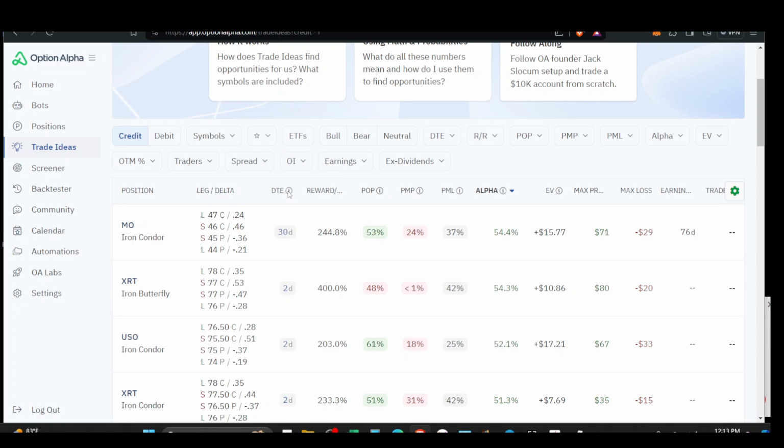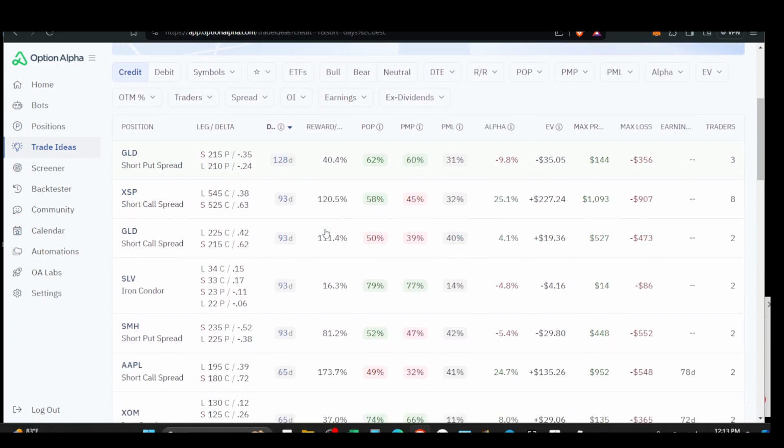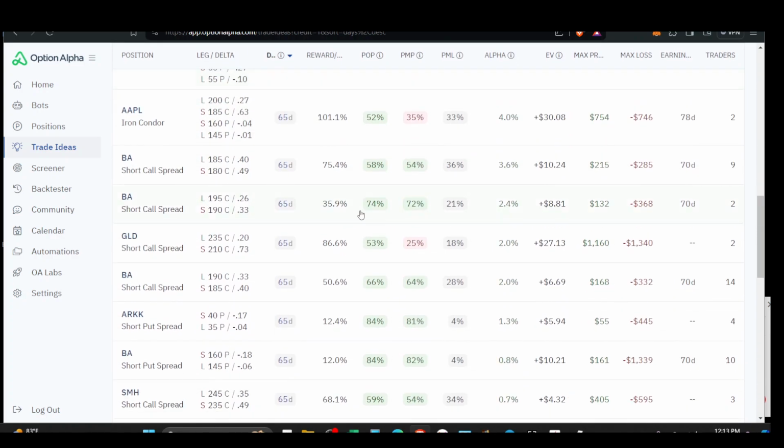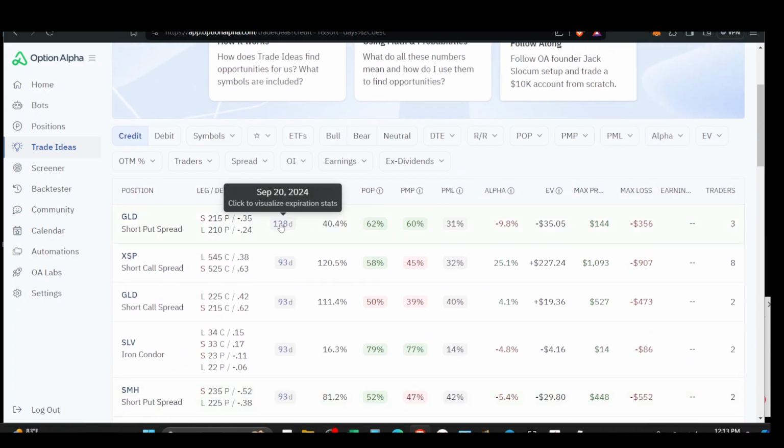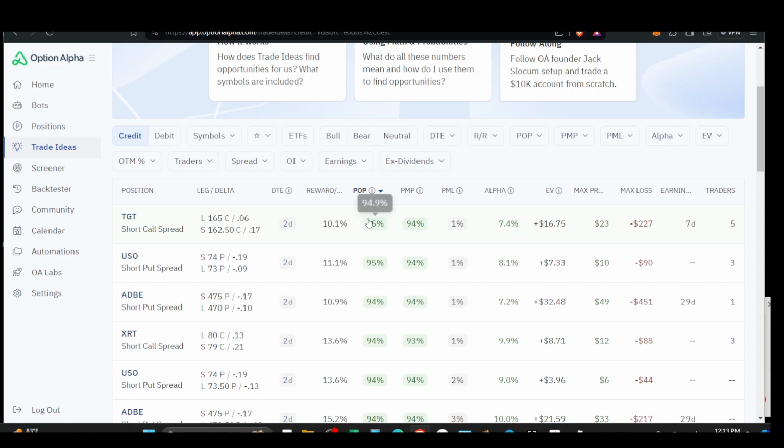So ideally I would go to more than 45 days. So now it tells me like 128, so you can pick and choose, right? So this one is POP, probability of profit. So if I sort this, 95% probability, 95, right?